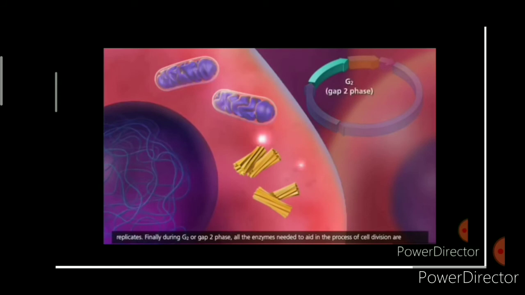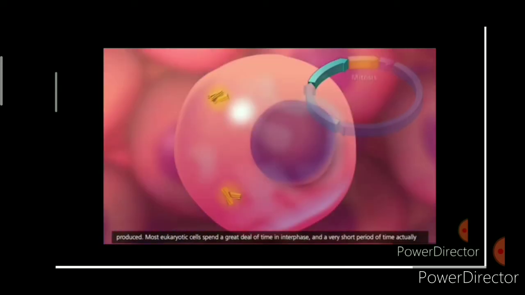In G2 phase, all the enzymes and material which are required for the division phase are synthesized. After that, it enters into the dividing phase, that is mitosis.